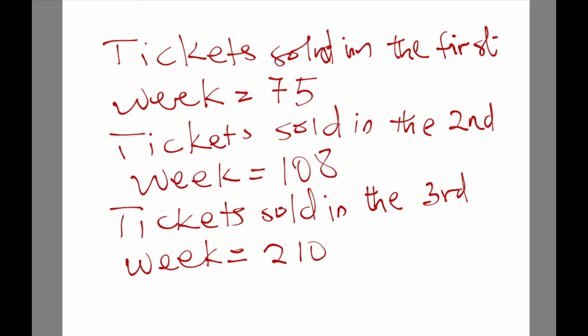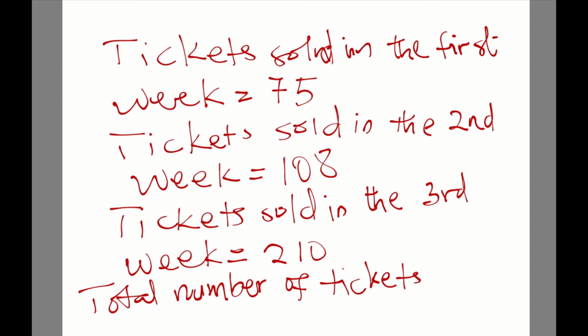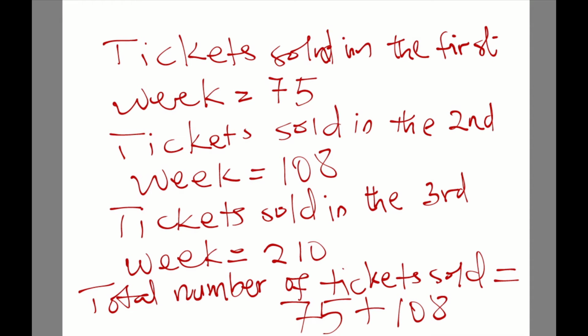So in all, how many tickets were they able to sell? So total number of tickets sold will be equal to 75 plus 108 plus 210.